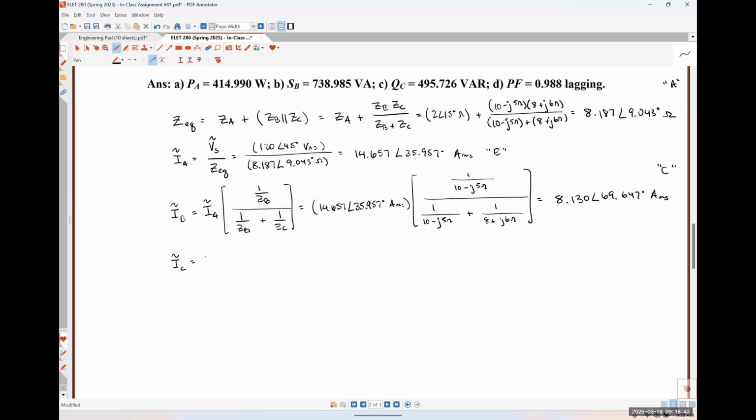Divided by 1/ZB plus 1/ZC. Exactly right.